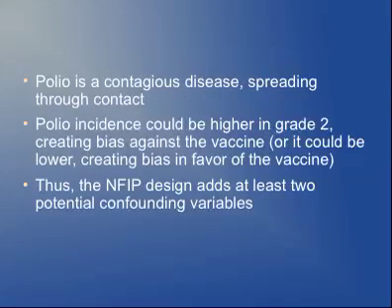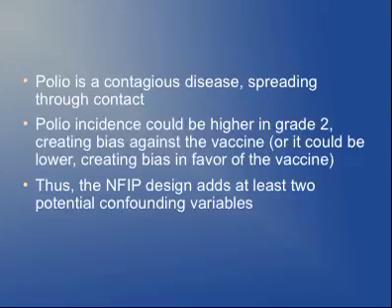Polio is a contagious disease that's spread through contact. So it could be that a couple kids in 2nd grade get polio, spread it to their entire class. This happens in enough schools across the country, and that could create bias against the vaccine.